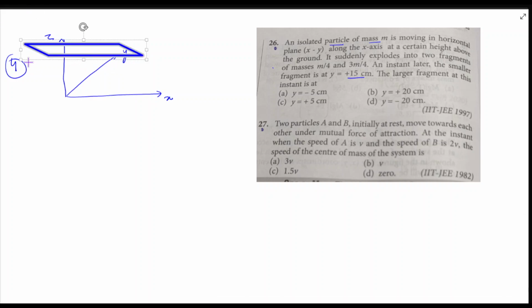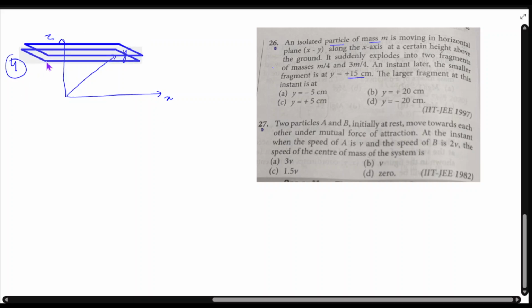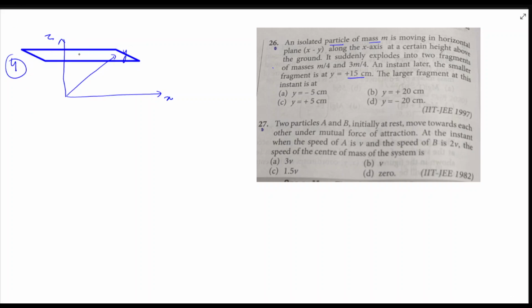Now the particle is moving in this plane, and its velocity is in the x direction, like this. Is its velocity given or not? Nothing is given, right? So let's say it is moving with a velocity v.